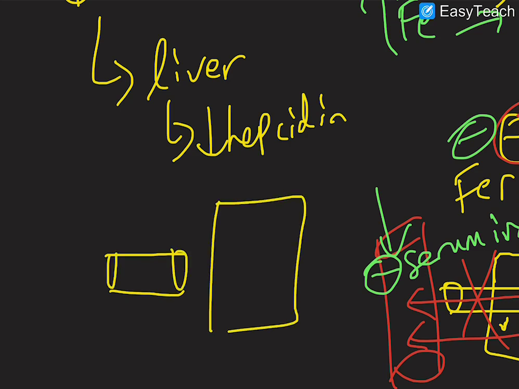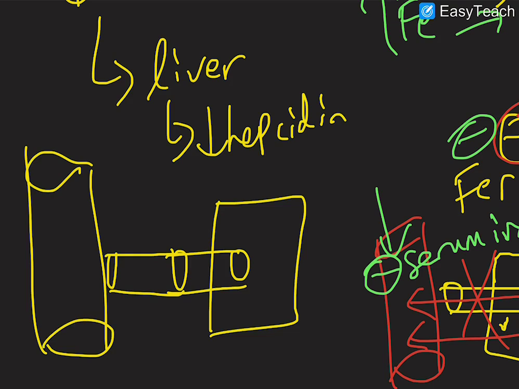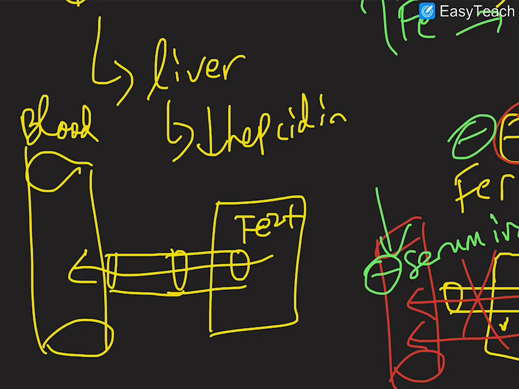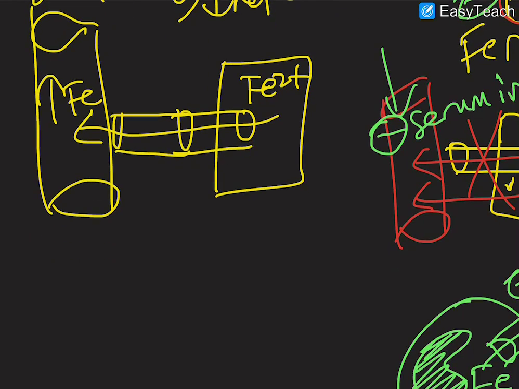So if this is your enterocyte and you have ferroportin on this side, let's just draw it like that, and your blood vessels here. If you have low hepcidin, ferroportin isn't inhibited anymore, so iron can get absorbed and go into your bloodstream. You're deficient in iron, so you want to increase your iron levels, so you want to not inhibit ferroportin.